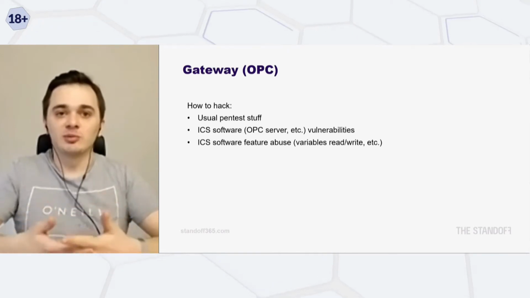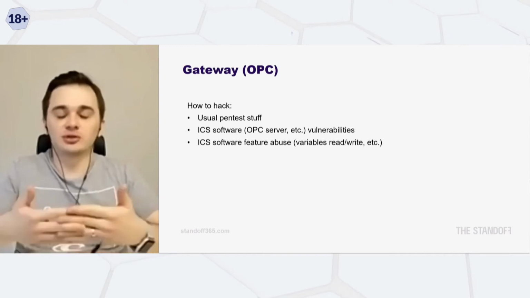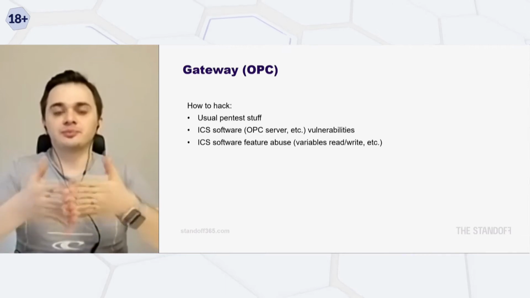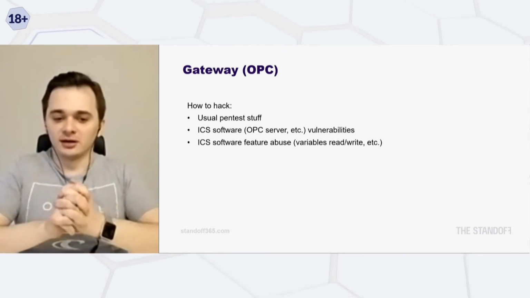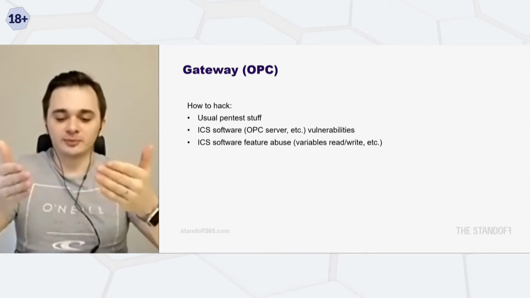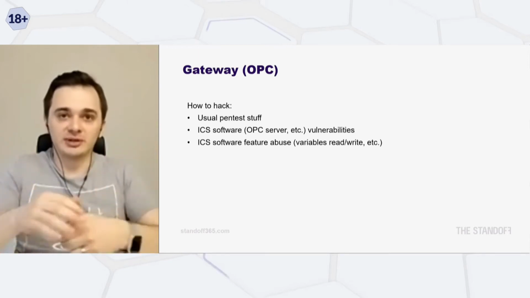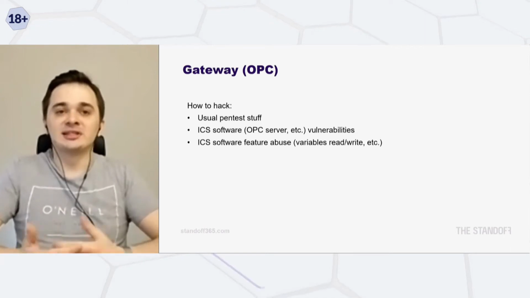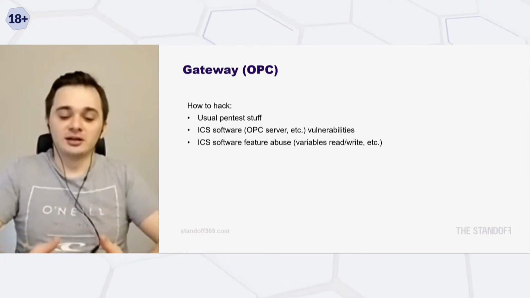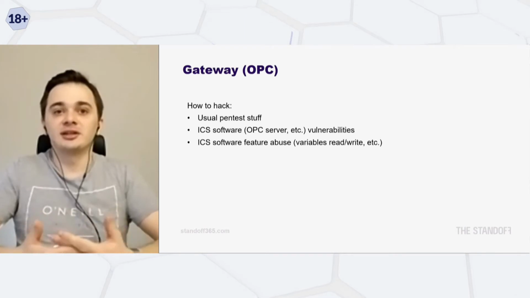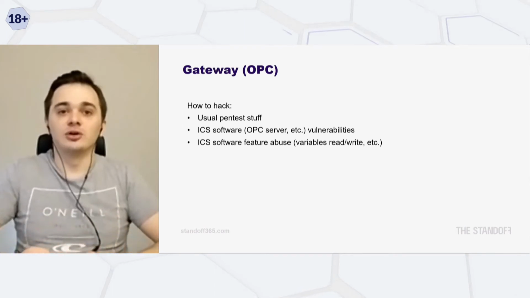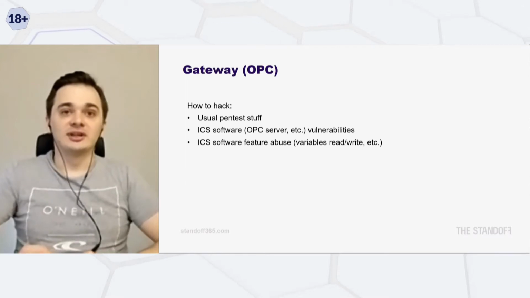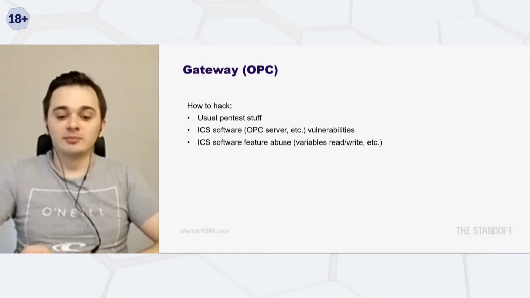You'll be able to use vulnerabilities in the ICS software of the OPC server. And you can also abuse the features of the ICS software. Since the OPC server reads and writes variables related to the process, that's why abuse is possible.